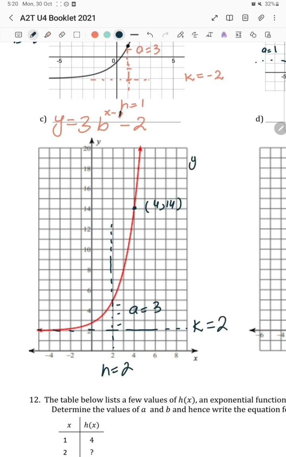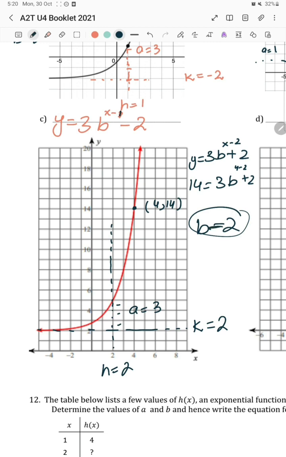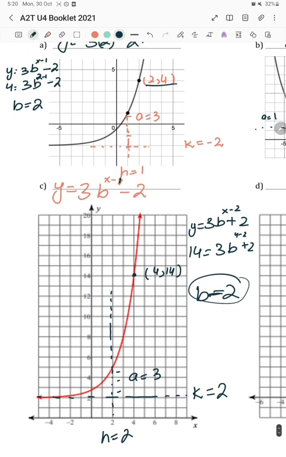So y is equal to 3b to the power x minus 2, plus 2. 14 is equal to 3b to the power 4 minus 2, plus 2. b is equal to 2. So the equation will be 3 dot 2 to the power x minus 2, plus 2.